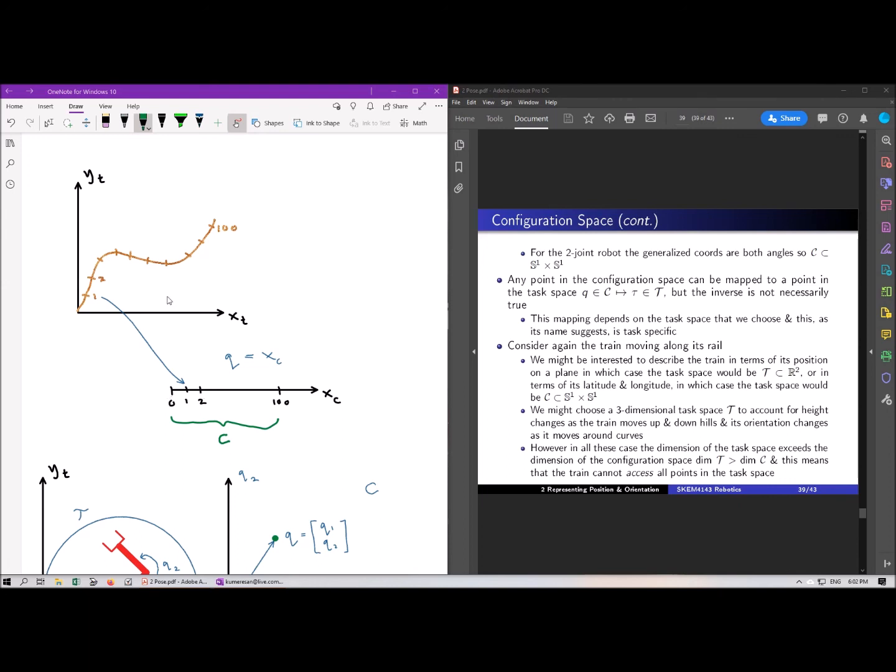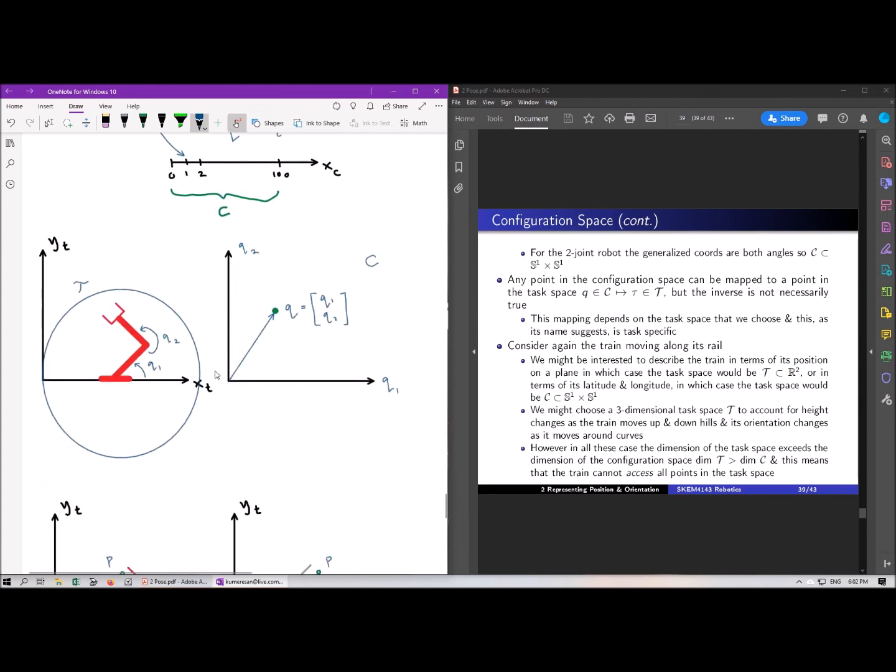But if I want to map a point here, can I map this to my configuration space? The answer is no, because you can clearly see it's not possible because the track does not pass through this point. And the same thing with my robot.